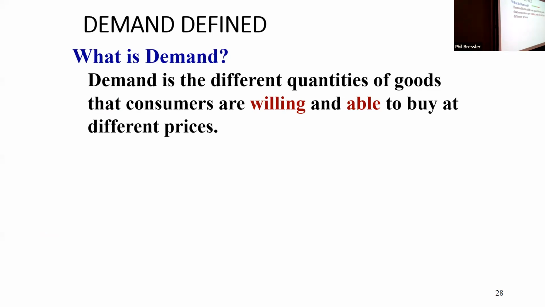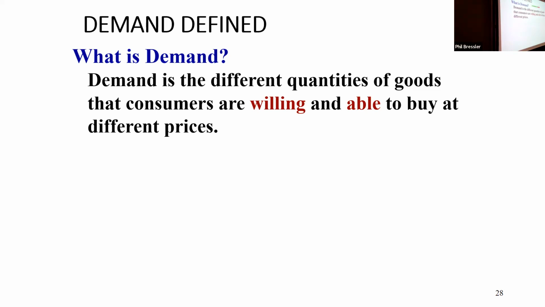Did I not do income elasticity and cross price? All right, let's just do that then. Sorry. Cross price elasticity. It might be on another slide, but let's just do it.